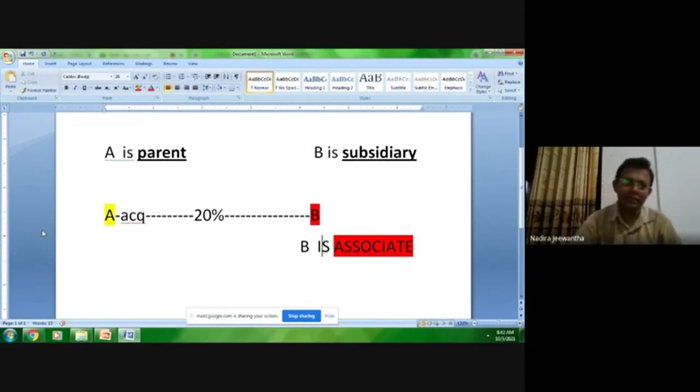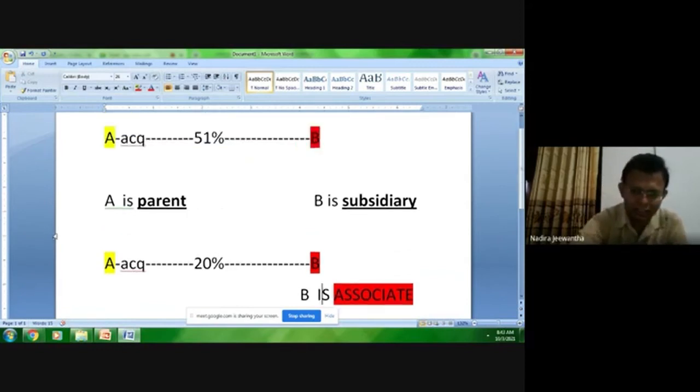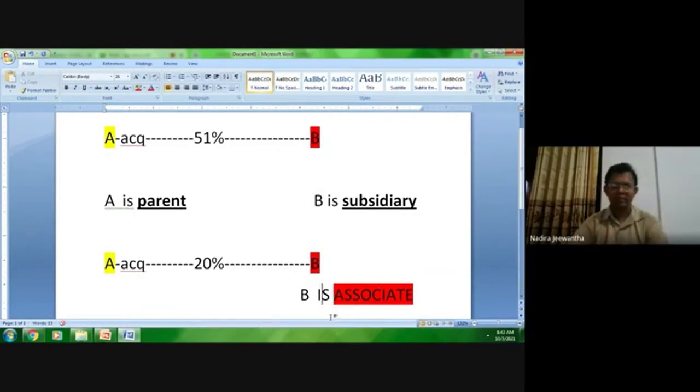That's the intention of acquiring, otherwise purchasing shares. You got it? So anything below 20% we call a normal investment.